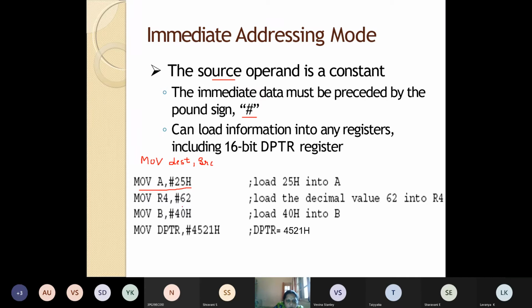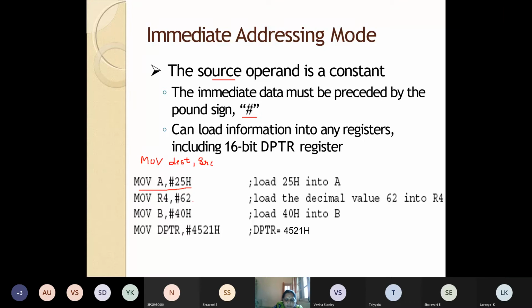So MOV R4, #62. Here I have not given the H, so 62 is a decimal value. This decimal 62 is loaded into the register R4. Decimal 62 is converted to hexadecimal, and that hexadecimal value is loaded into the register R4.